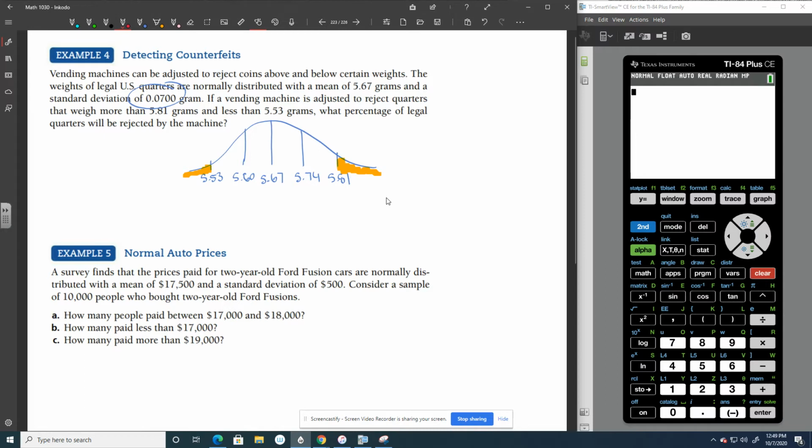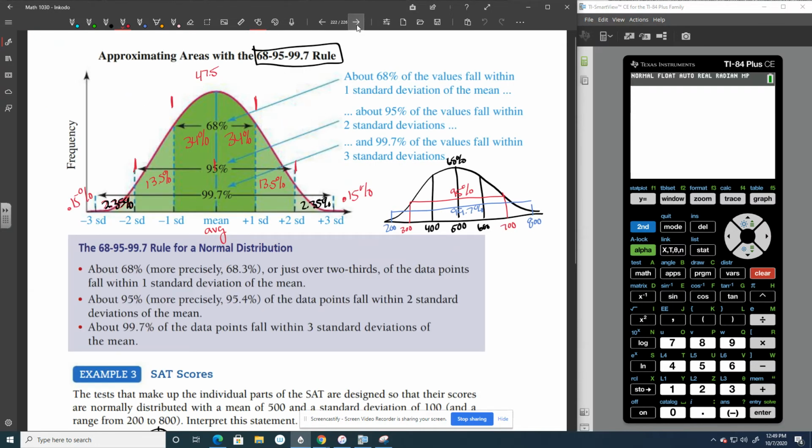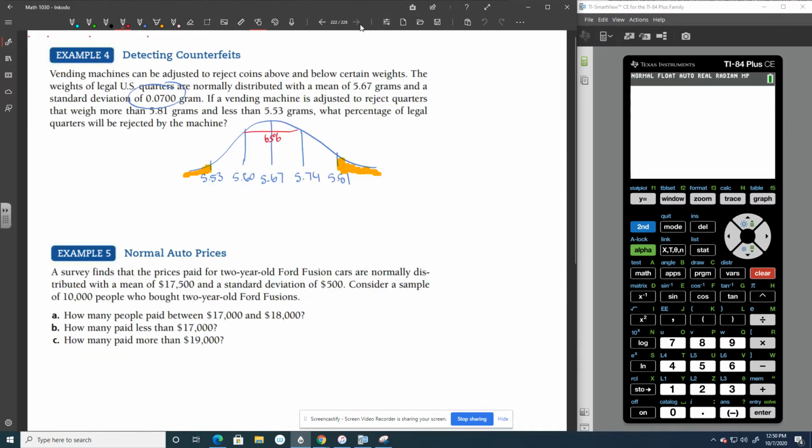Okay, looking at this picture, I know that 68% land right here, right? If I go back to my diagram, I'm just going to copy this information over to here. So my 68% are in this group, and then my next 2 standard deviations out is my 95%.